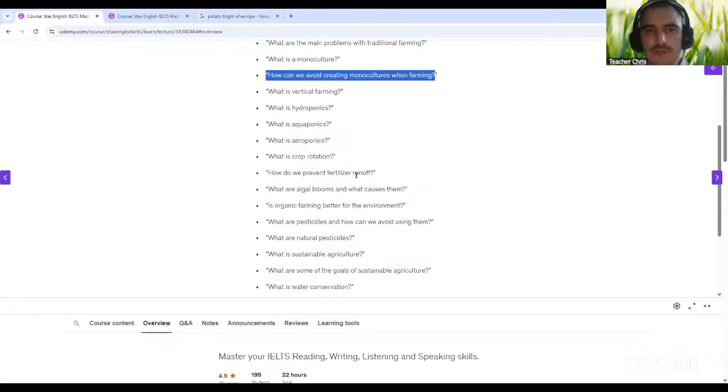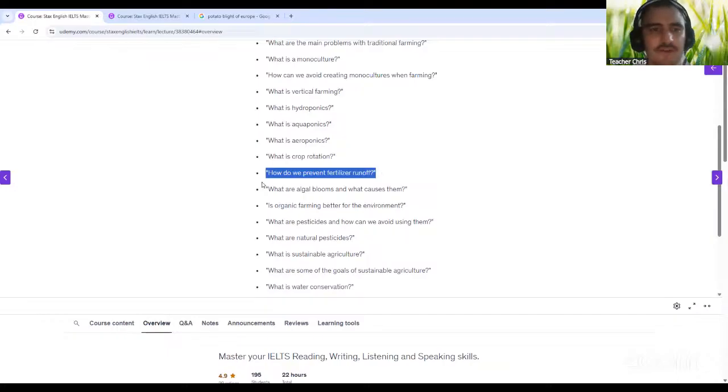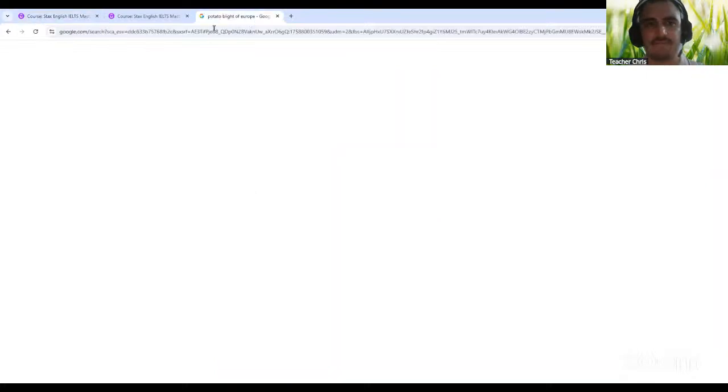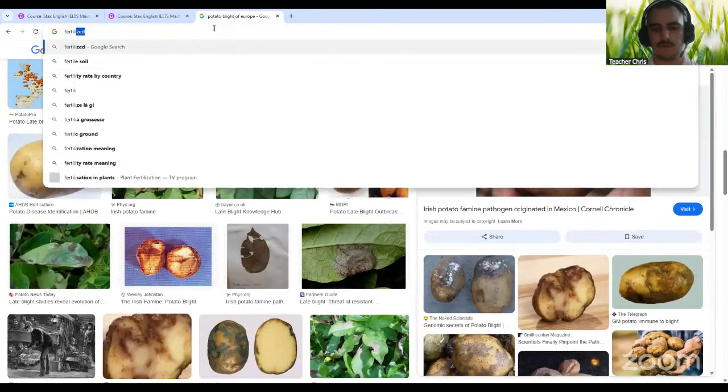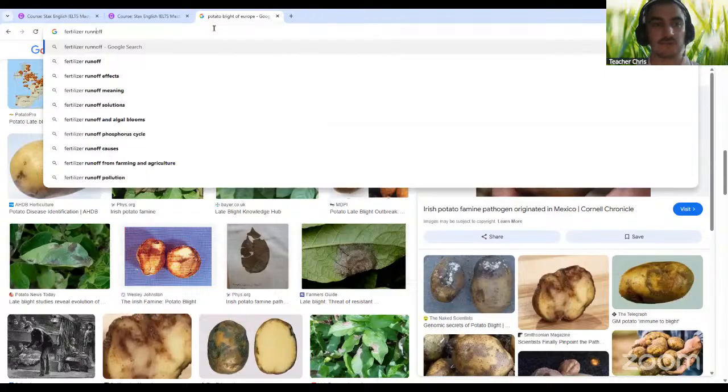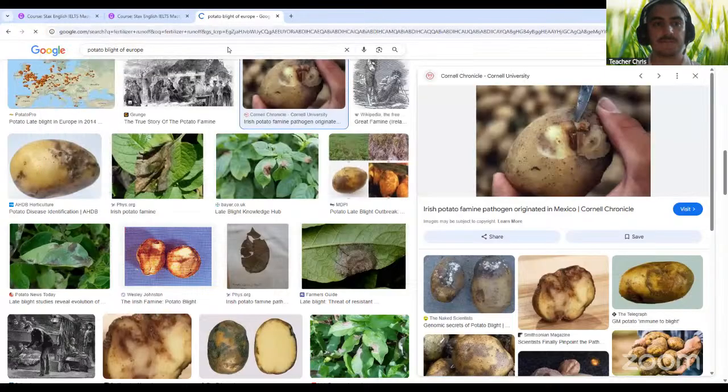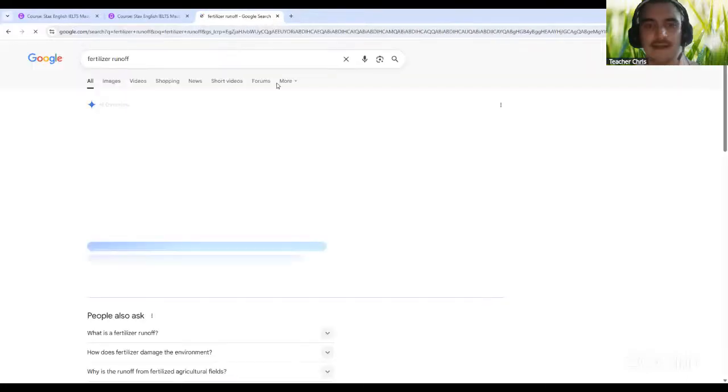What can we do to prevent fertilizer runoff? So I'm going to start with Lam this time. Fertilizer runoff is when the fertilizer runs off into streams and into rivers.